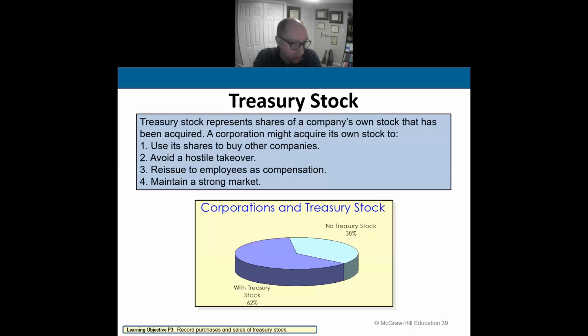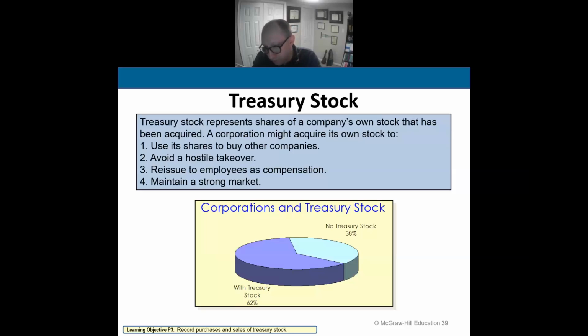What happens is that when there are fewer shares of stock outstanding in the market, the remaining shares that are outstanding increase in value. When there's less of something, the value of whatever is remaining goes up. That's what treasury stock is all about. So companies will say, oh, we're going to do a stock buyback program.